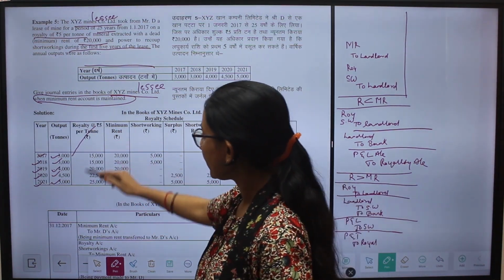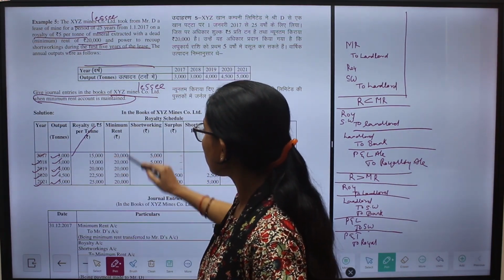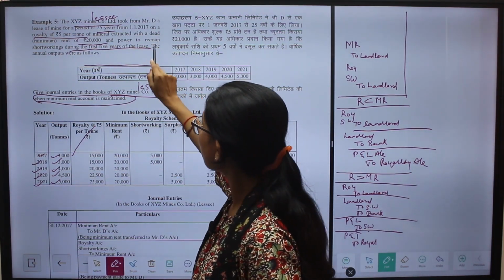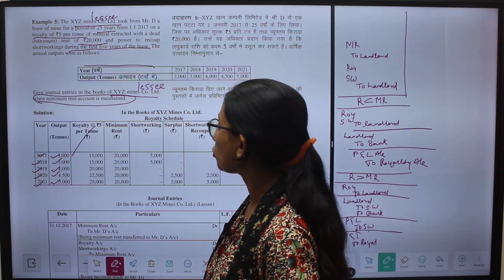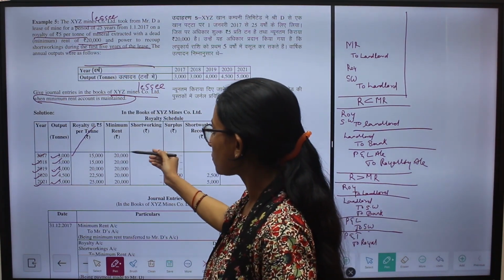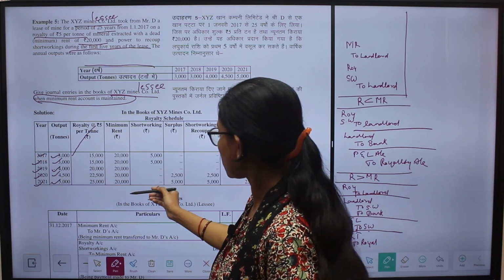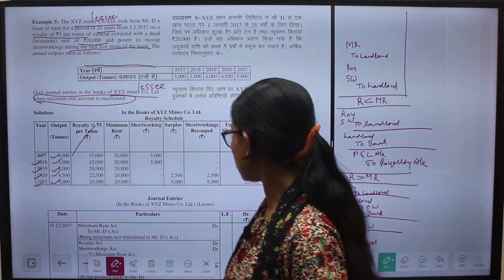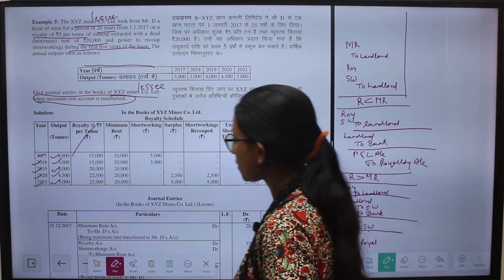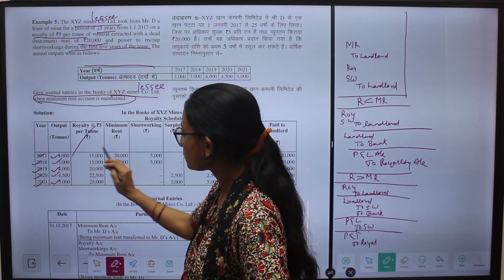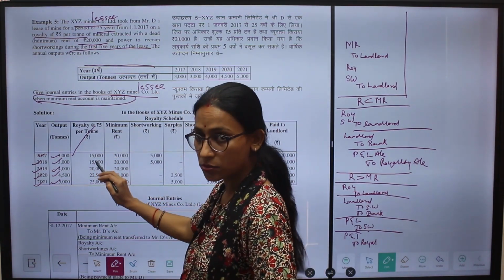Then after this, we will write down the minimum rent, which is decided between both of them, that is rupees 20,000 each year. Now we will see in the first year how much royalty we are producing: 15,000 rupees.